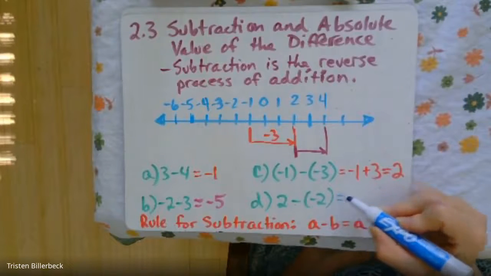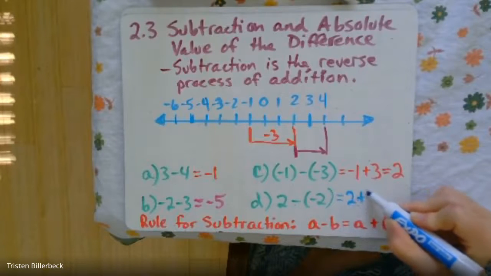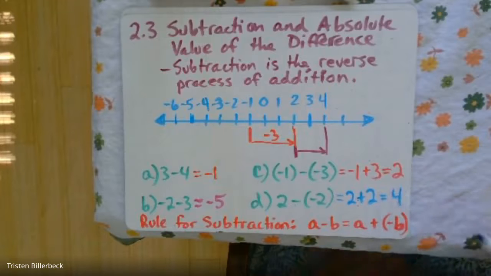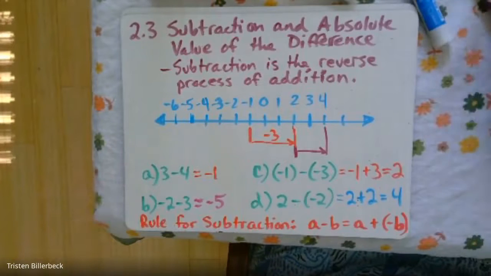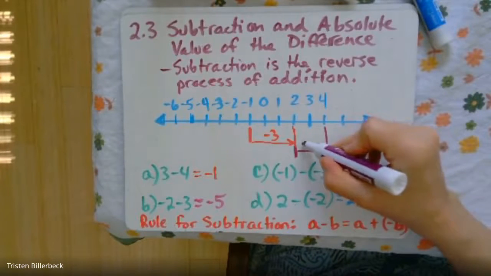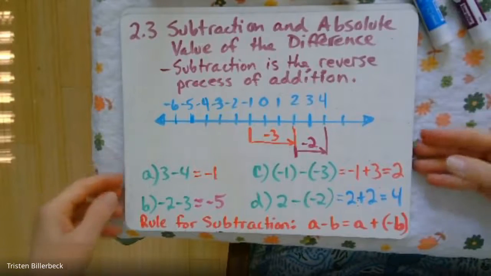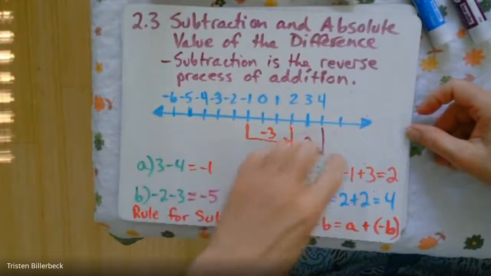If we rewrote this, this would be 2 plus 2, because 2 negatives make a positive, so that's 4. And that was a -2 right here. So we were actually subtracting a -2.